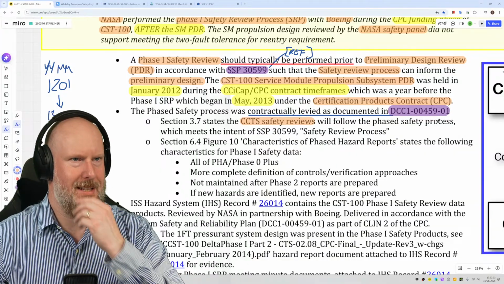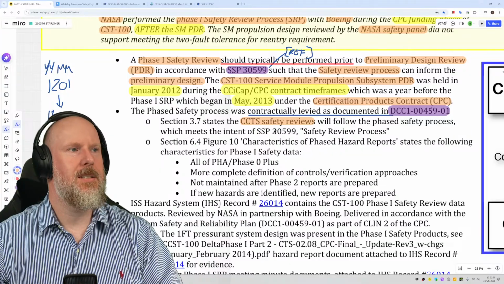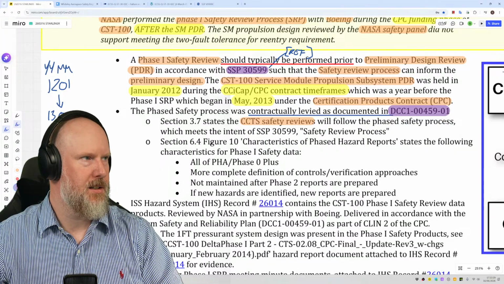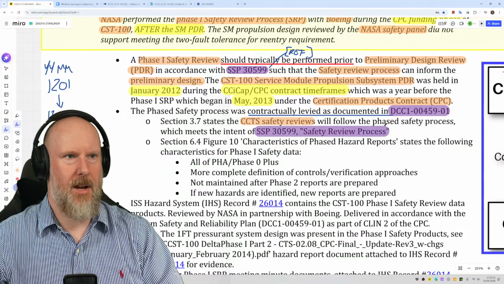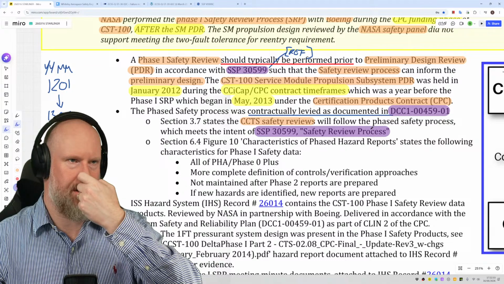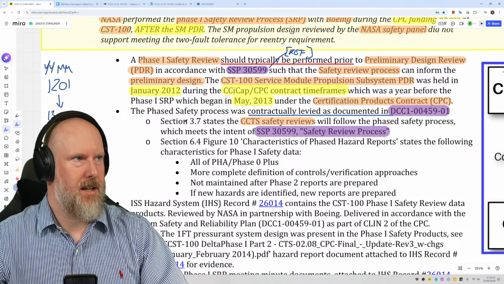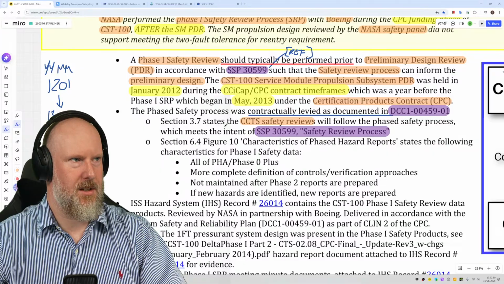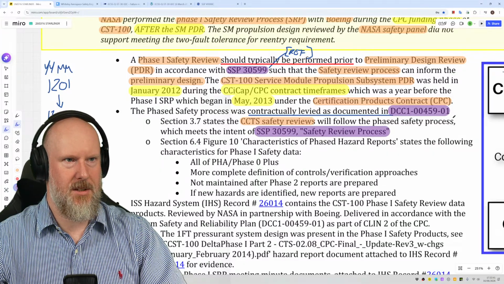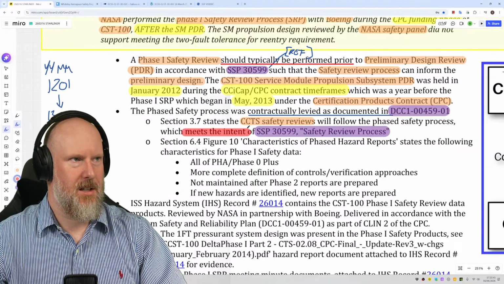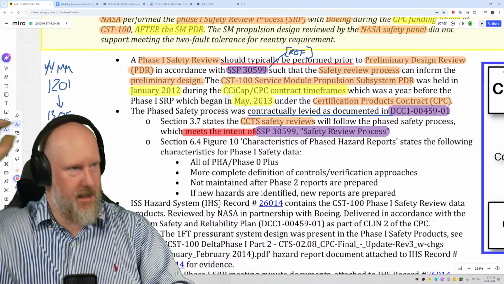Will follow the phased safety process, which meets the intent of SSP 30599, Safety review process. Right. So this is the bridge I was describing earlier on. So the contract says they will follow the phased safety process, which meets the intent of 30599.